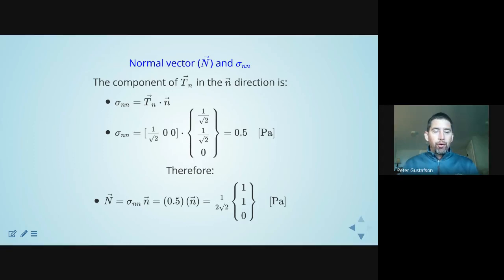When you're doing a dot product, you can expand it into the traction vector being 1 over root 2 times the i direction plus 0 times the j direction plus 0 times the k direction. And then you can look at the normal component of the vector as being another vector.